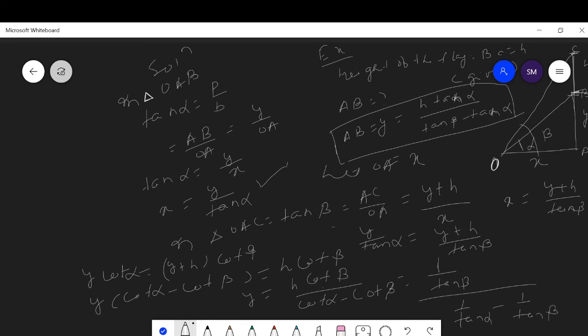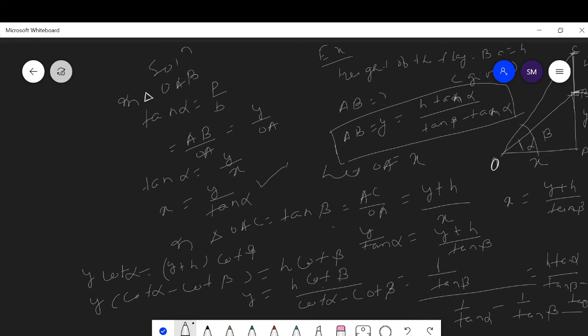Be attentive, students, please. Which is equal to h tan alpha upon tan beta minus tan alpha. Solve this. Look at here.